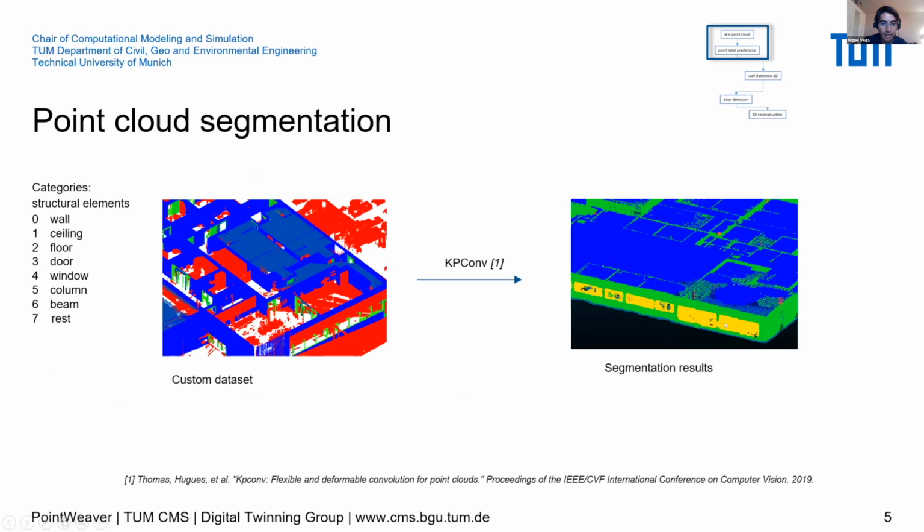Subsequently, we train KPConf with a training dataset, and after training, we could use this network to perform inference in a test dataset and obtain automatically segmented point clouds.